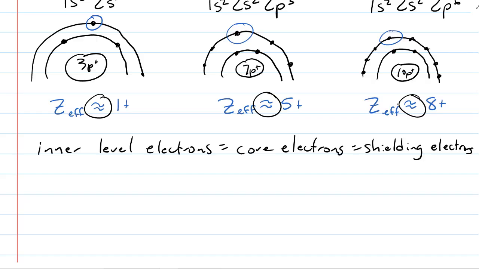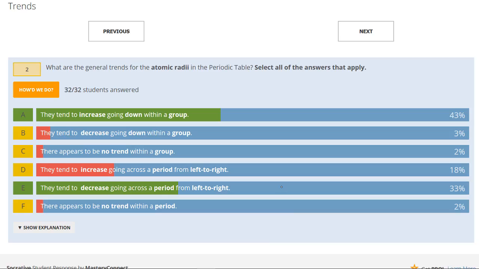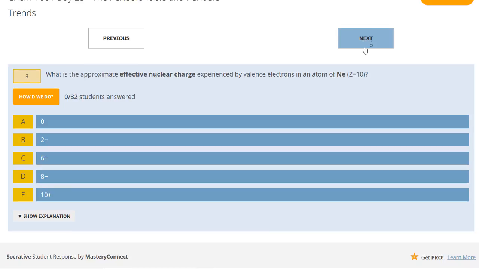Let's go ahead and calculate the effective nuclear charge of arsenic. Not argon, but arsenic. Let's determine what that effective nuclear charge is. And this will be the next question on your Socrative app. What is the approximate effective nuclear charge experienced by a valence electron in an atom of arsenic?